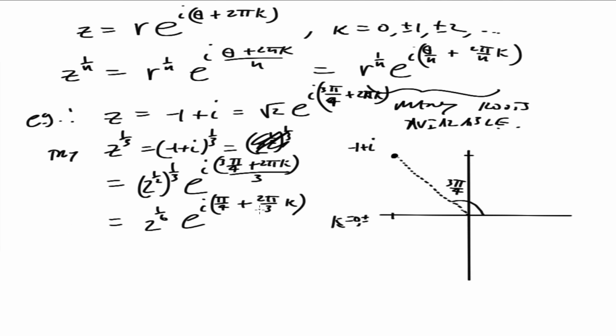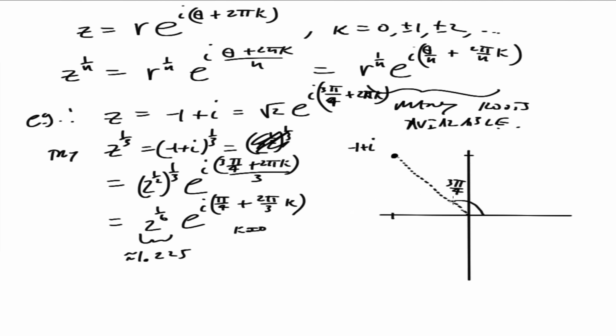I'm going to erase that there for now. Okay, so this number here, let's not make too big a deal out of that, but that's about 1.225. Okay, and now let's see where this goes. So now when k is equal to 0, that's going to be pi over 4.